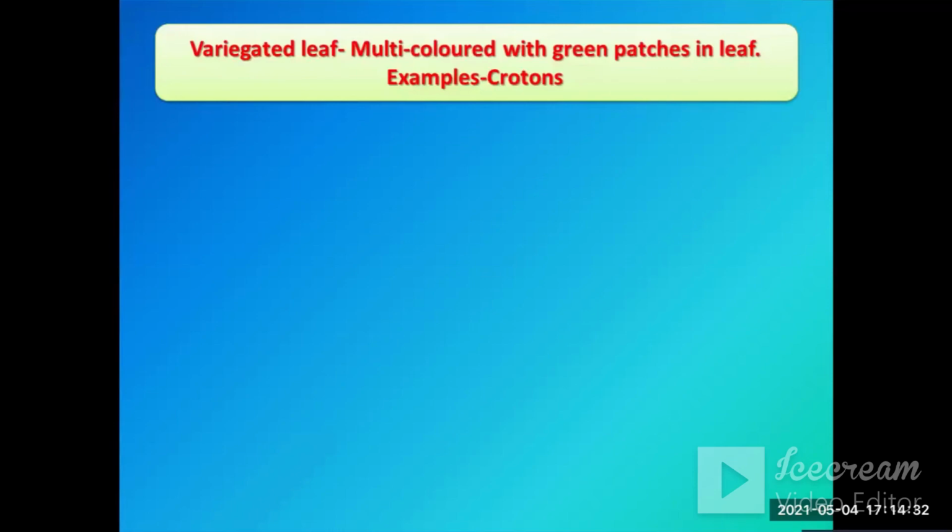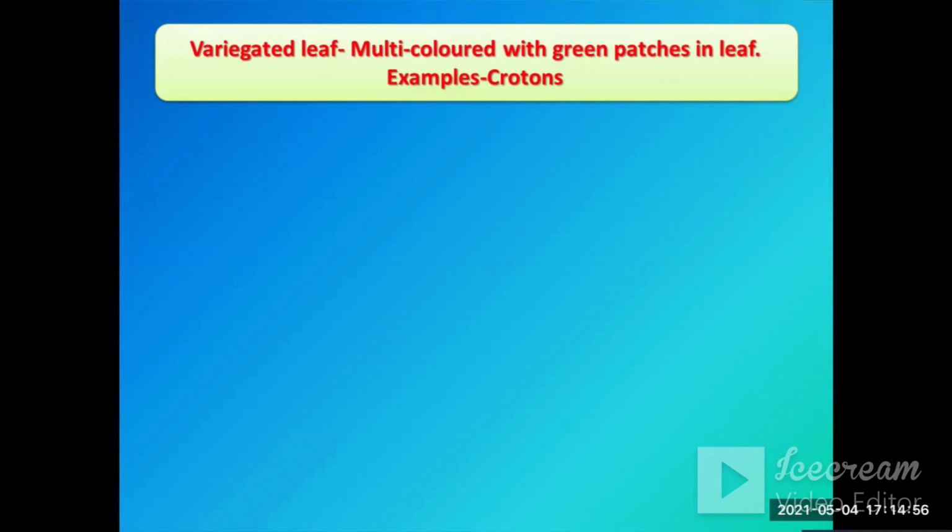Now, variegated leaf. There are some leaves which are not green in color, and you might think how photosynthesis can occur in such leaves. It is variegated, meaning it contains more than one color. Sometimes it might have patches of white or yellowish colored leaf.